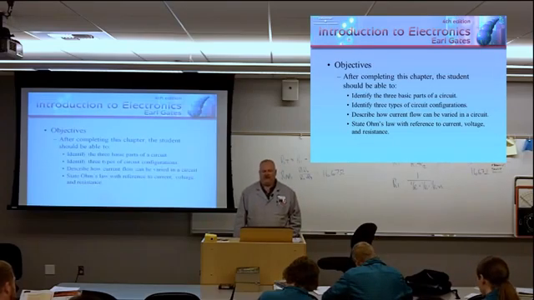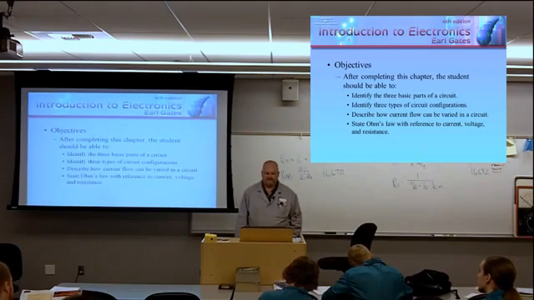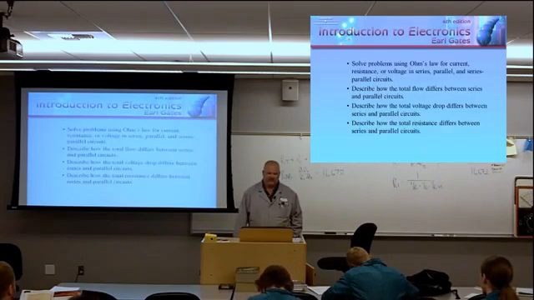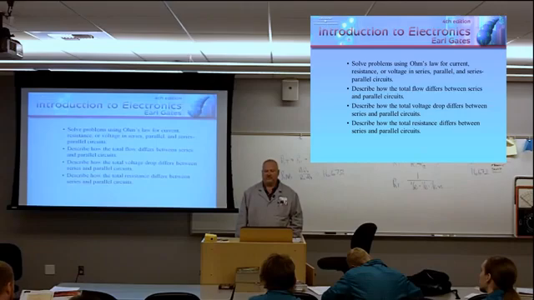After completing this chapter, you're going to be able to identify the three basic parts of a circuit, identify three types of circuit configurations, describe how current flow can be varied in a circuit, state Ohm's Law with reference to current, voltage, and resistance. Solve problems using Ohm's Law for current, resistance, voltage, and series parallel circuits.